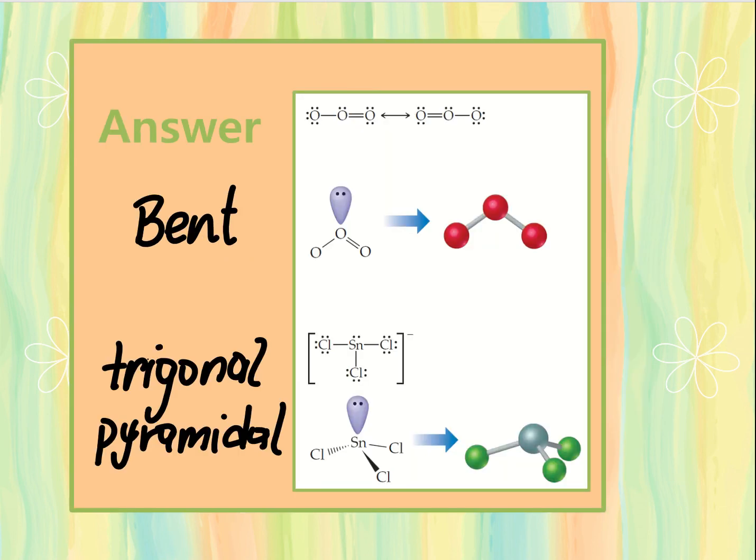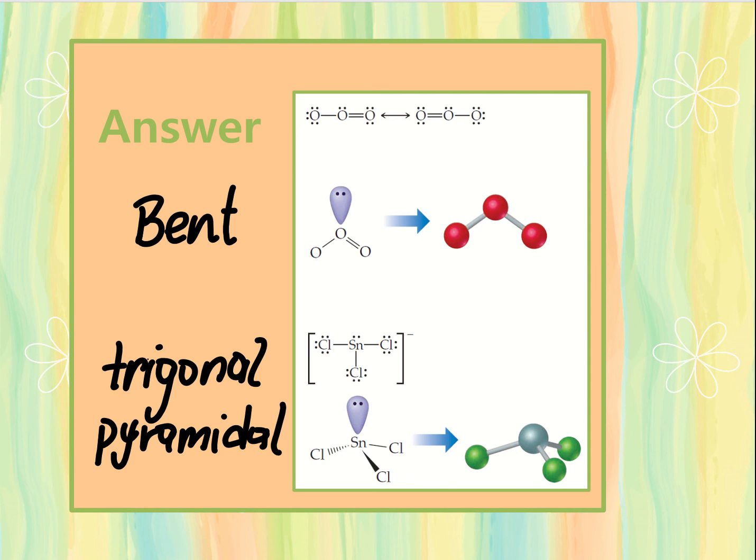So if you got bent for ozone and trigonal pyramidal for the tin chloride, you are indeed correct. So note the Lewis structures for ozone, right? So we have one non-bonding pair for ozone on the central atom, right?